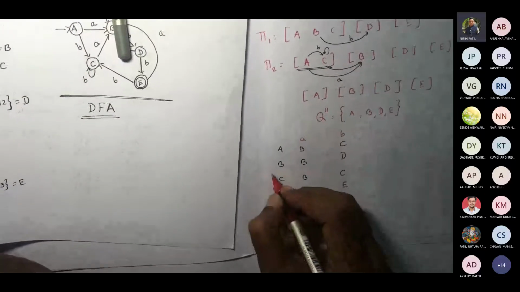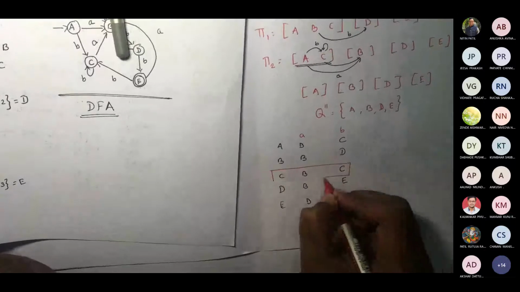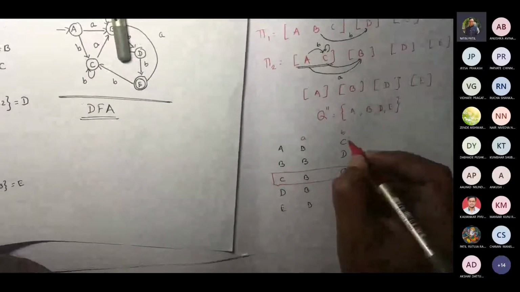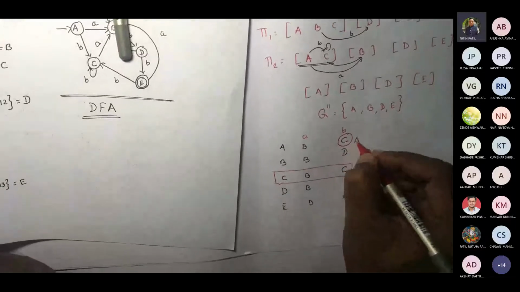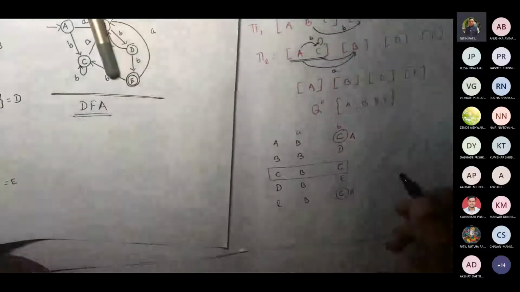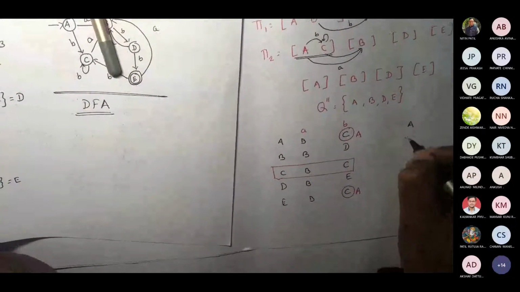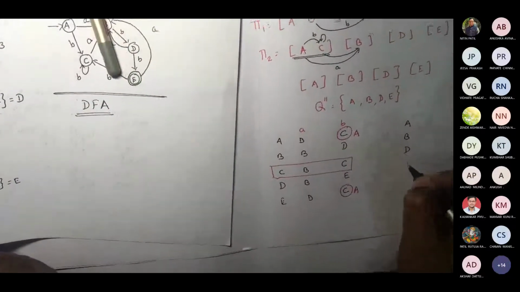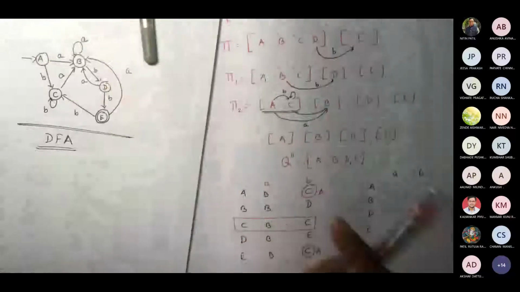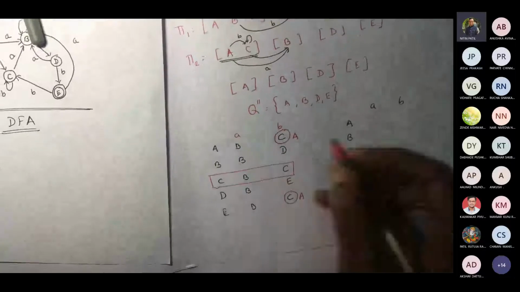That's why we'll remove this entry, and wherever C is, we'll replace it with A. So now how would your transition table be?